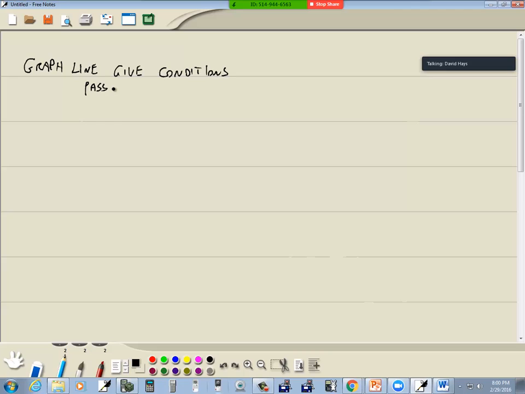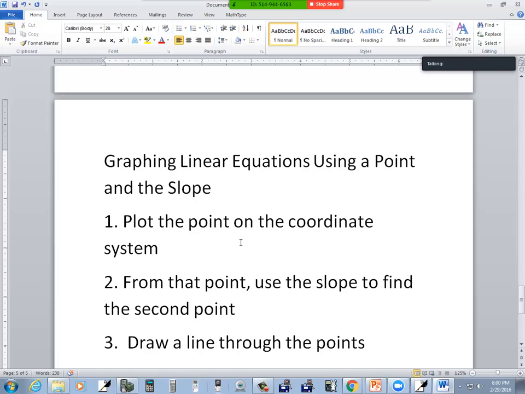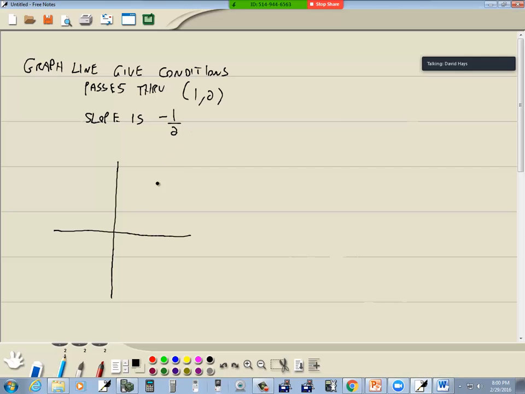It passes through the point (1, 2), and the slope is negative 1 over 2. Okay, so step 1, plot the point on the coordinate system. So we have (1, 2).